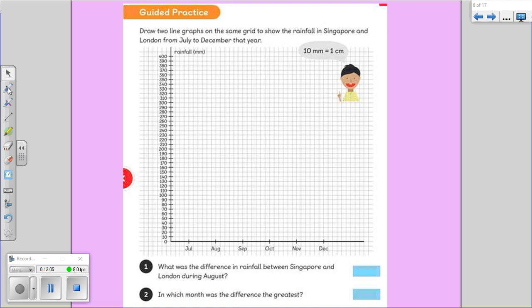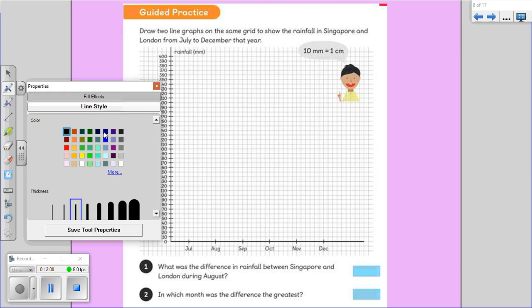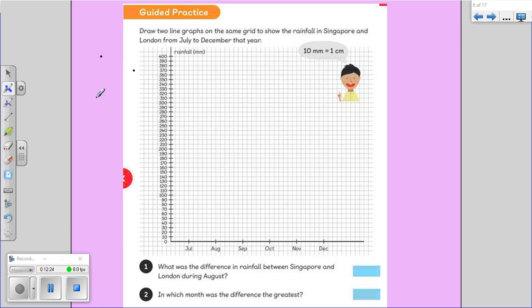So when we're plotting a line graph, first of all, we are going to need to plot the points. So I'm going to do blue for Singapore. We can see at the side that the rainfall is measured in millimetres. Okay, so it's gone from 0 all the way to 400 millimetres.